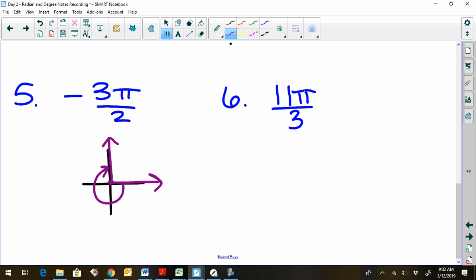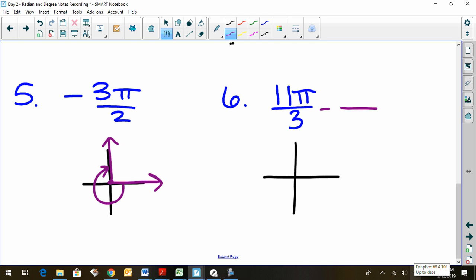So then our last one here for these types of questions, 11 pi over 3. So I want to think about how many times I'm going around in this example. So I want to take away 2 pi and see what matches with this angle, because 2 pi is going all the way around the circle.